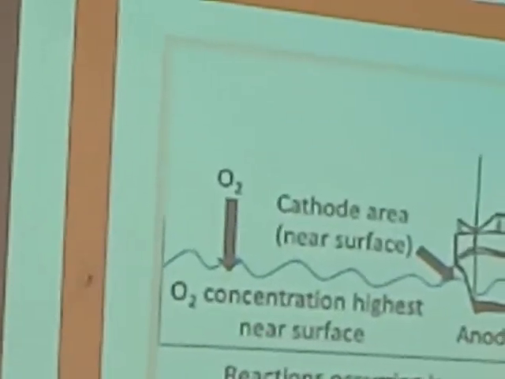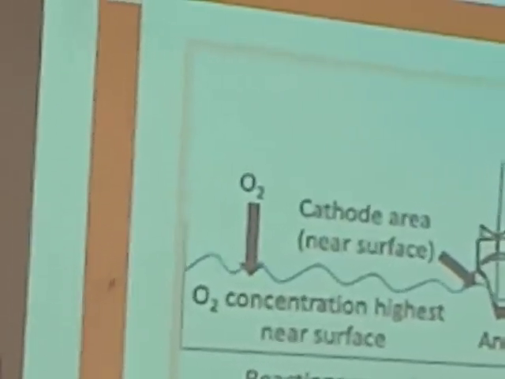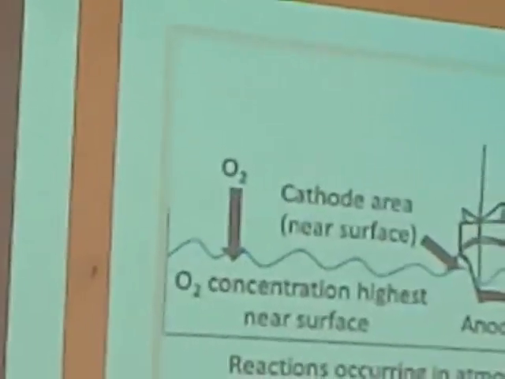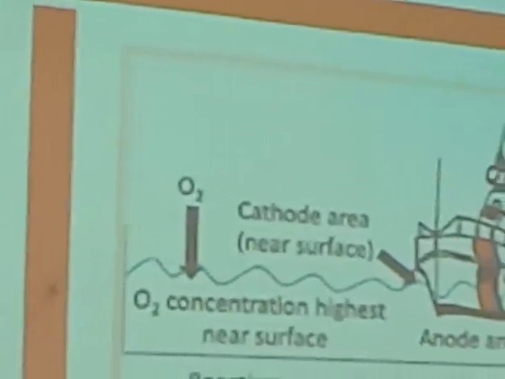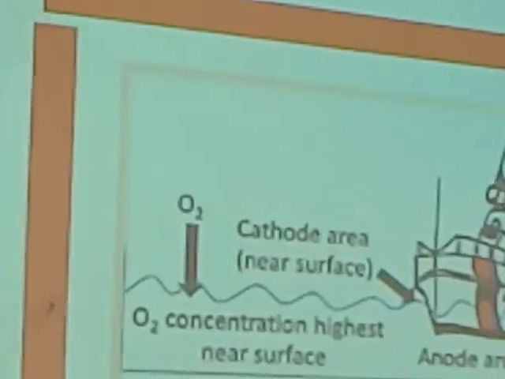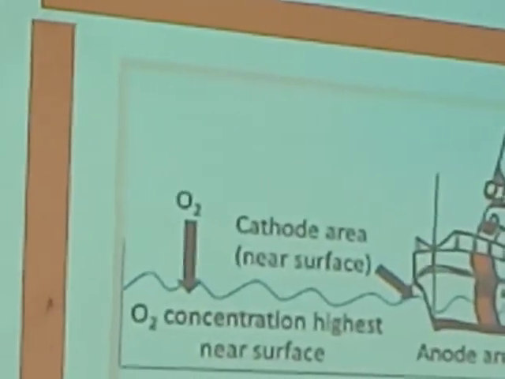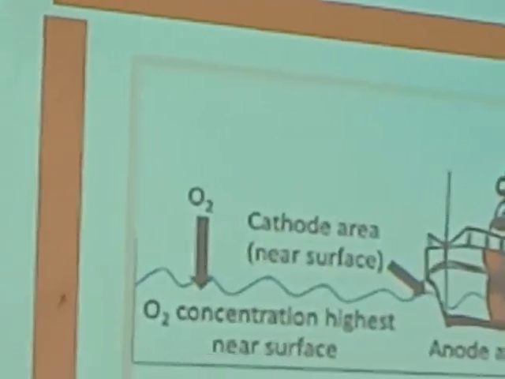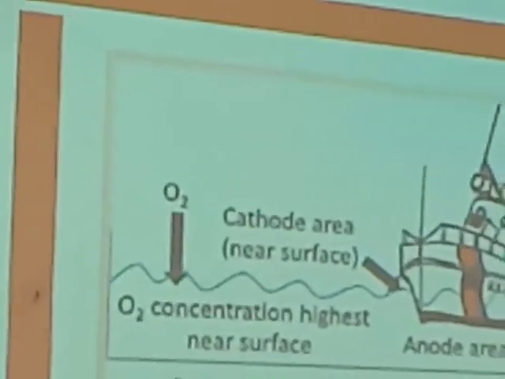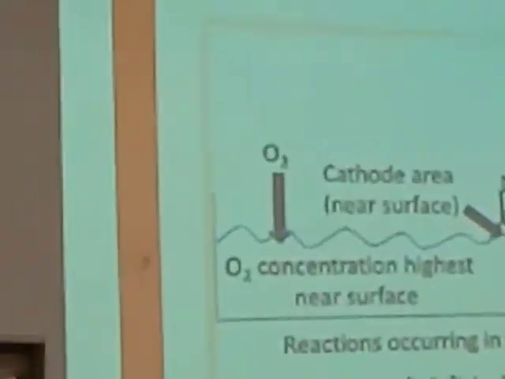Because the ship is moving on the surface of waters, and the oxygen concentration on the surface is higher, and the reaction conditions are conducive for iron to get oxidized. This is the typical situation of corrosion, where corrosion can occur in principle, naturally.